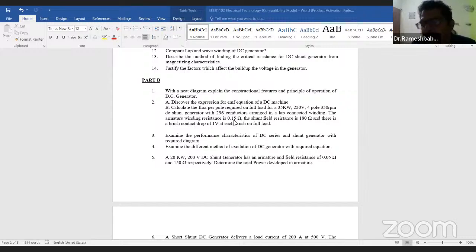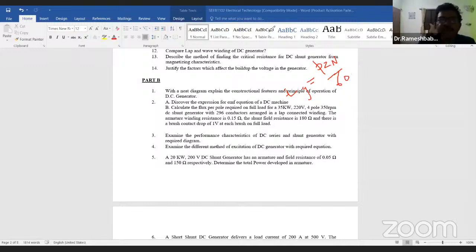So they are asking for the flux per pole. You know the EMF equation: EG is equal to phi Z N by 60, multiplied by P by A.